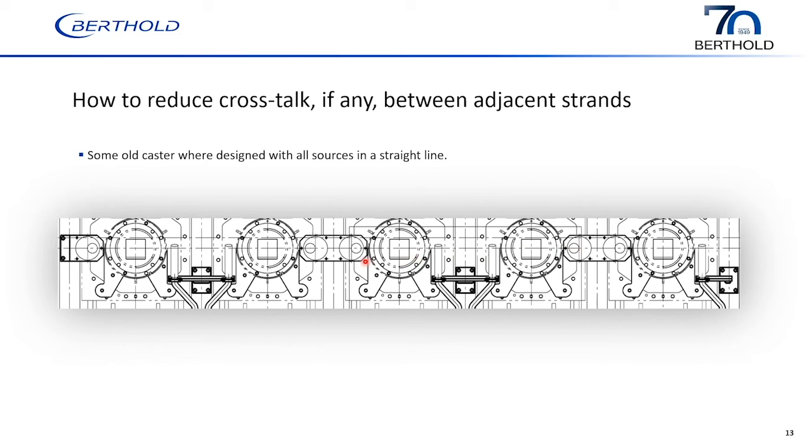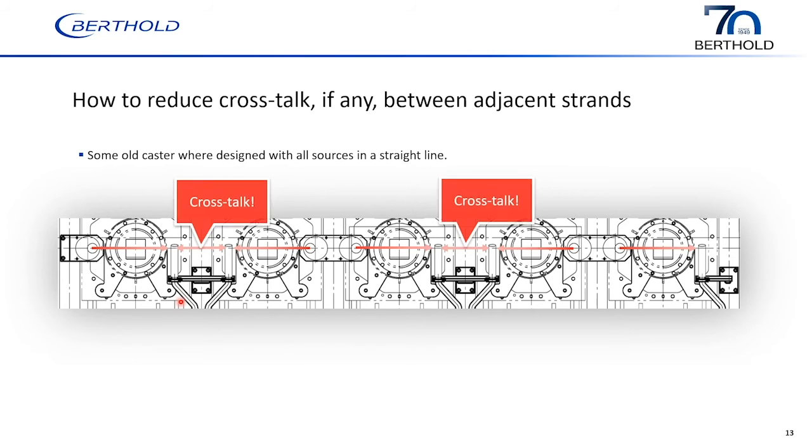This is obviously not the best layout or design of a caster, because there is quite a big risk for crosstalk between these two strands. If you look at the arrows here, you see in what direction the sources are facing.